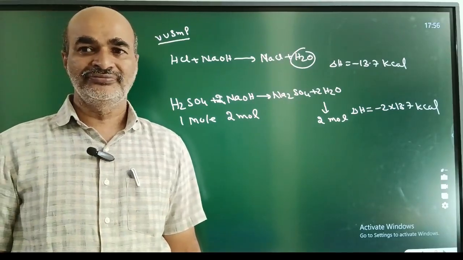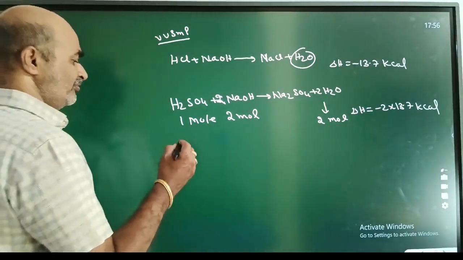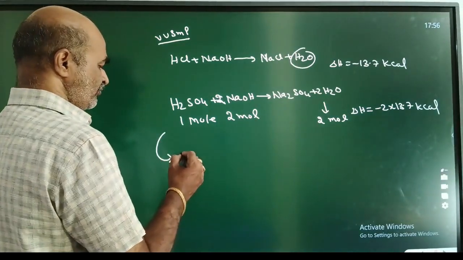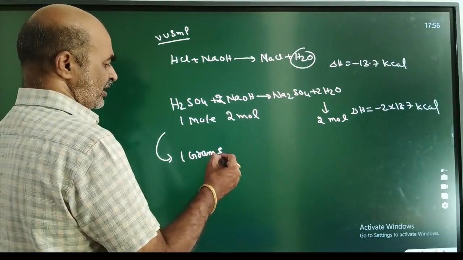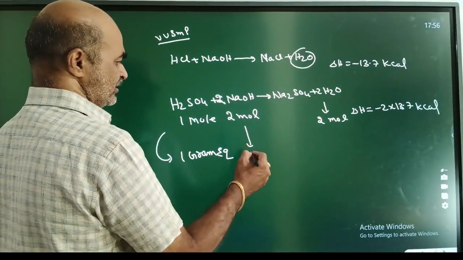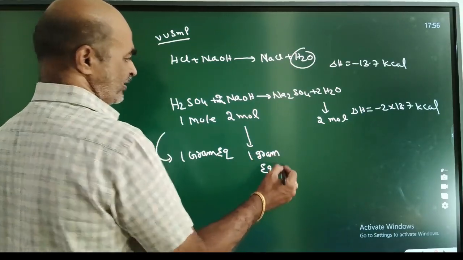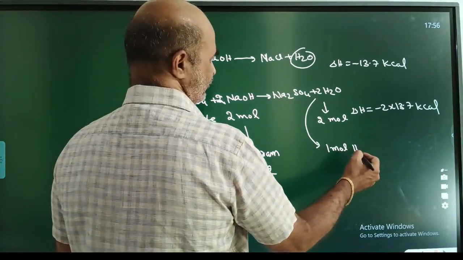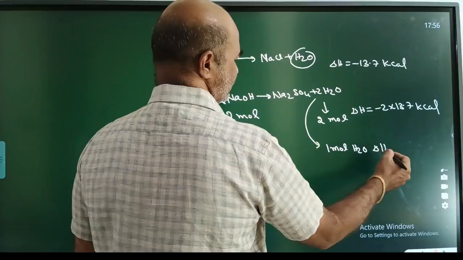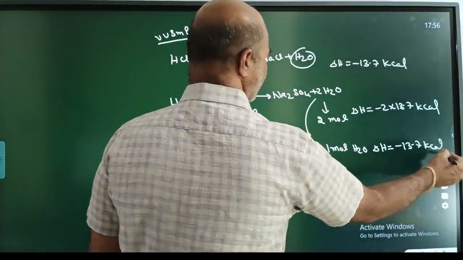If you take 1 gram equivalent of acid, this is 1 gram equivalent, this is 1 mole of water, delta H is equal to minus 13.7 kilocalories.